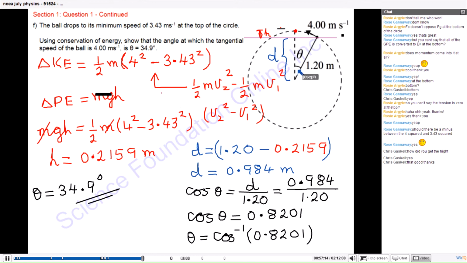I'm getting this side d of the triangle by subtracting the h from the total radius, which was 1.2 meters. That's why I wrote them in the two different colors as well. And that's 0.984 meters. And when I've got that, I can simply use the cosine trigonometric ratio to calculate the angle theta. Okay. Nothing further, anybody then? We can move on to the next question.